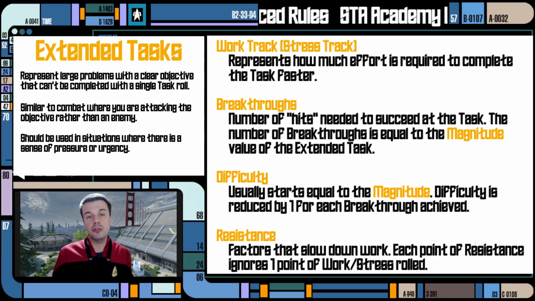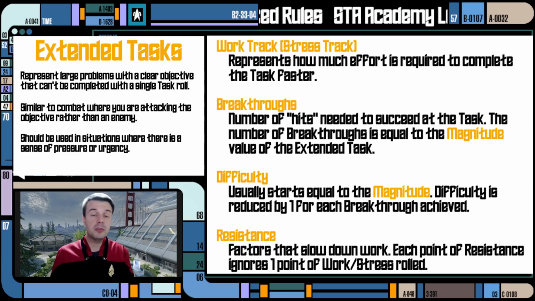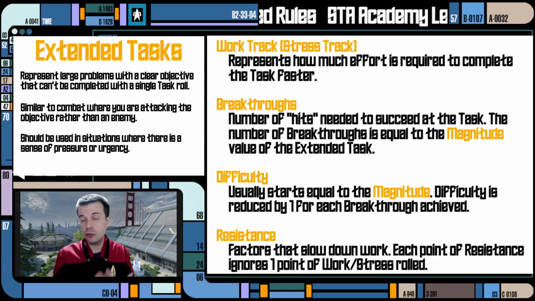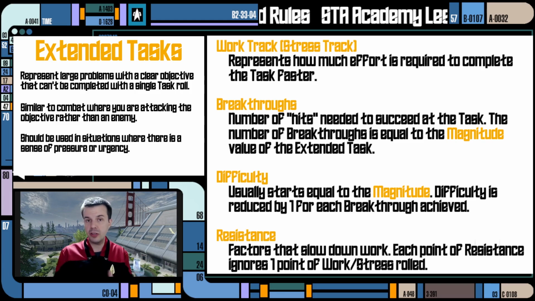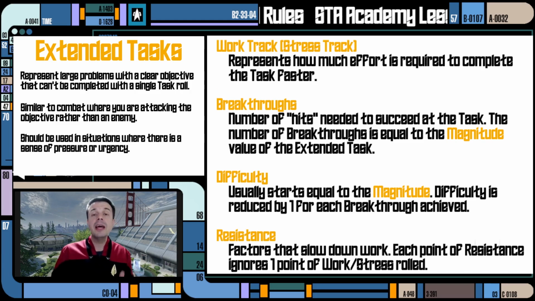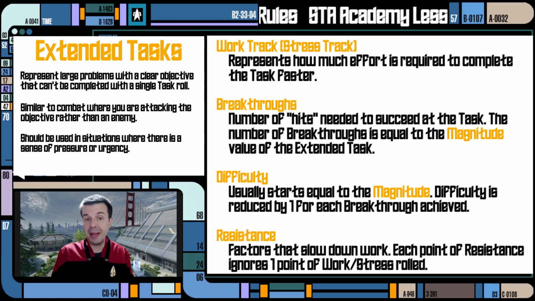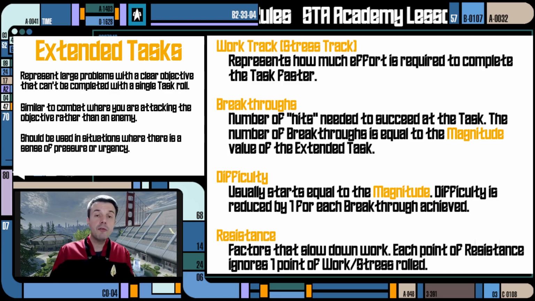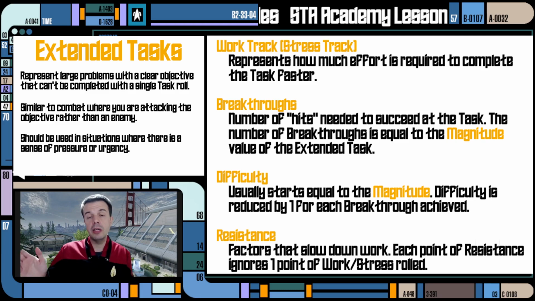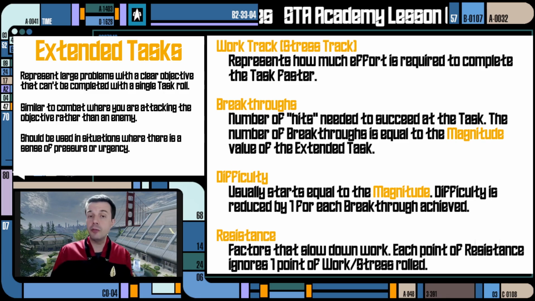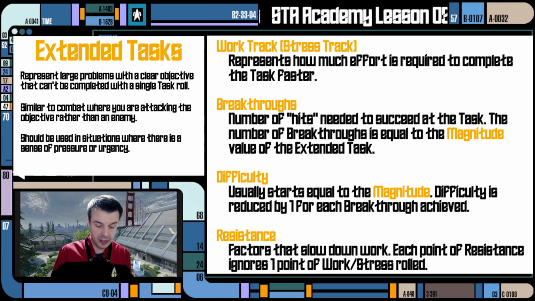And there could be external circumstances like advantages, traits, complications, which change this difficulty later. But this is the general difficulty, the base difficulty you are setting for the task. Again, typically based on magnitude, but feel free to tweak it to whatever fits best for your extended task.